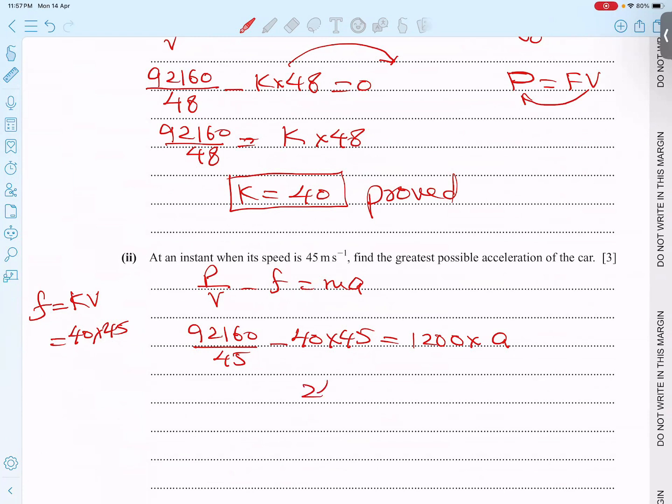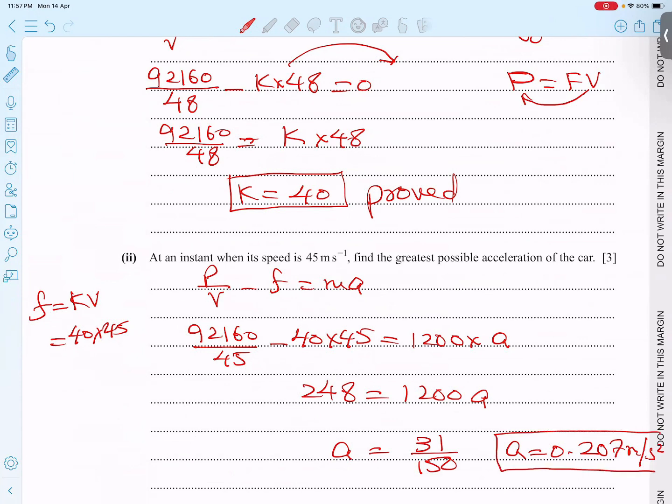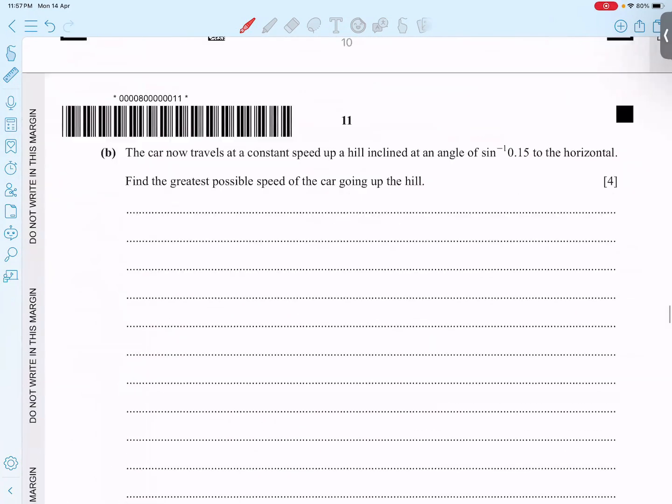I'm getting 248 equals 1200a. And if I divide by that, I get acceleration comes 31 over 150, or in decimals, it turned out to be 0.207 meters per second squared. So I believe the point is very clear. Let's go for the next part.